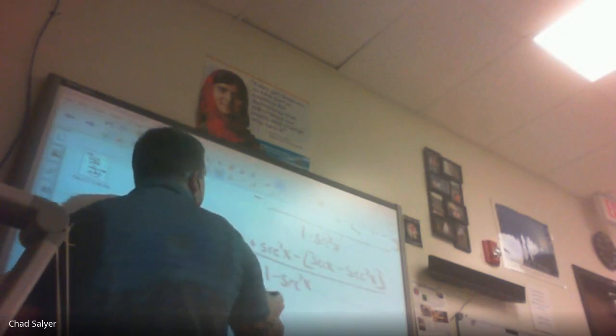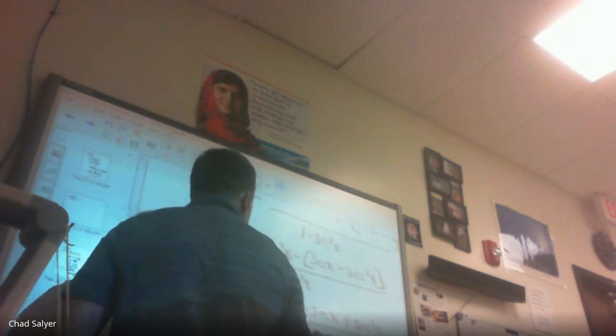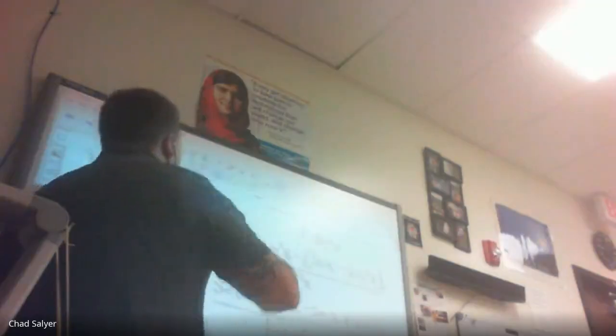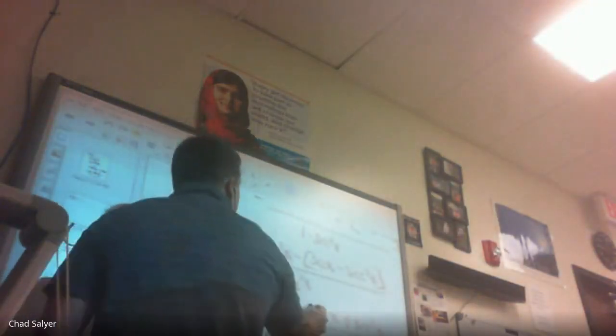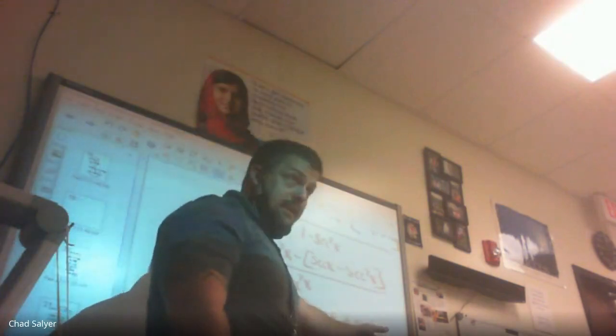So now I need to distribute that negative sign, like so. So you may notice that something cancels in this numerator. What is it, Alden? Secant x goes away. And then I can combine these to be 2 times secant squared x.